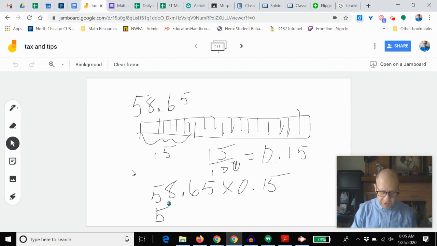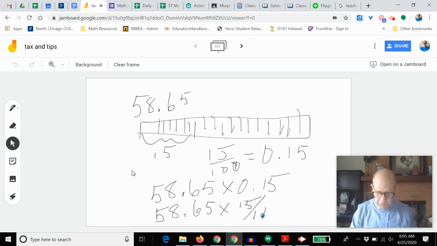You don't even have to change it to a decimal. 58.65 times 15 over 100 is the same thing. I've just divided by the 100 when I've got this decimal point. And the reason I like decimal points, and you like decimal points, is they're so much easier to put into a calculator. So let's do that for one second.